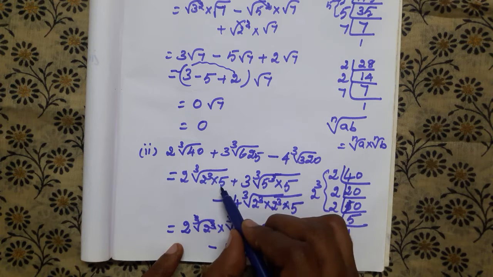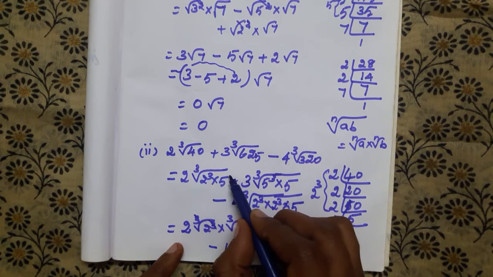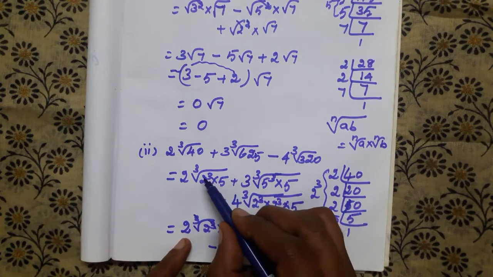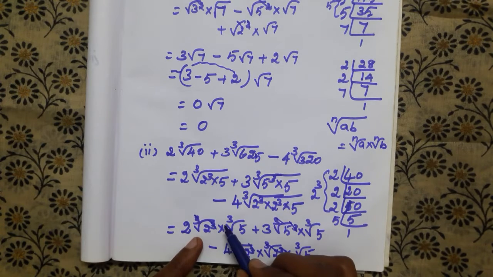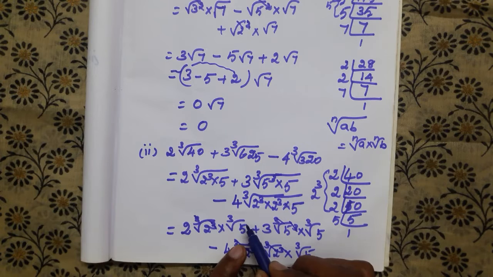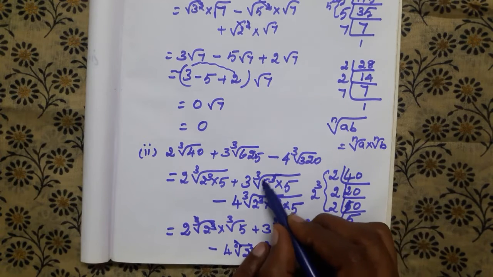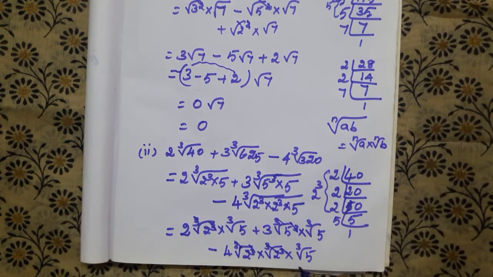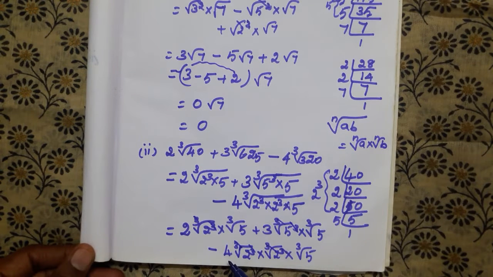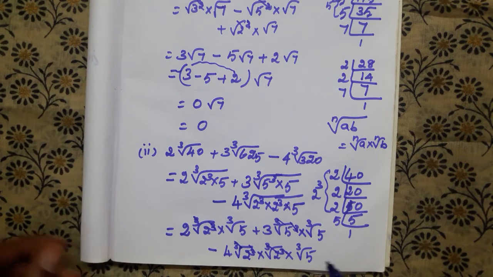Here we can write nth root of a into b is equal to nth root of a into nth root of b. So 2 into cube root of 2 cube into cube root of 5. Next 3 into cube root of 5 cube into cube root of 5 minus 4 into cube root of 2 cube into cube root of 2 cube into cube root of 5.